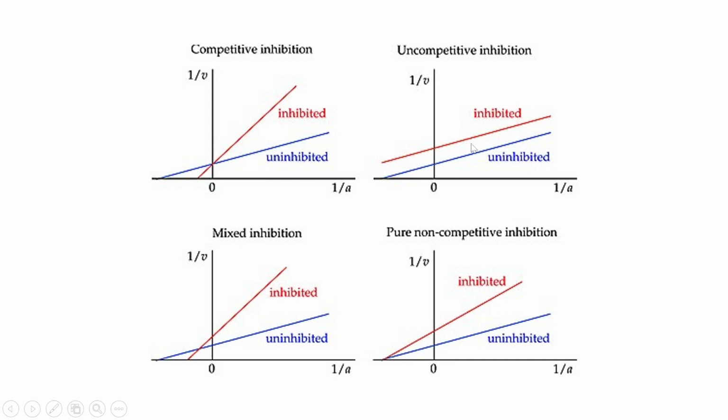What is not changing in this case is the slope. The slope, that is the ratio of the Km and Vmax, is not changing. The slope for this Lineweaver-Burk plot is basically Km upon Vmax, right? So the slope is not changing. Now why is the slope not changing? The extent by which Vmax is changing and the extent by which Km is changing is the same.